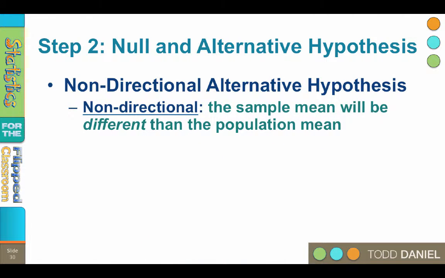An alternative hypothesis can also be non-directional. With a non-directional alternative hypothesis, we simply state that the sample mean will be different than the population mean, but we do not say whether it will be higher or lower.